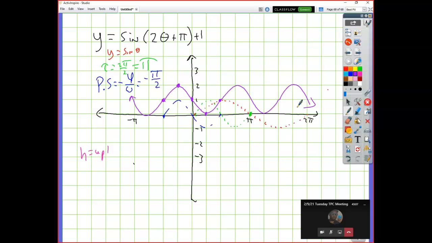I thought a negative would make it go right. That's true. And this is where you were taught something different last year, so I'm trying to go your way. You were taught that when you write a phase shift, you would write it with the negative in there.